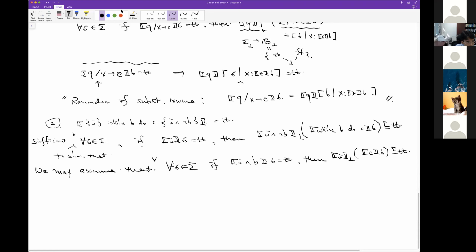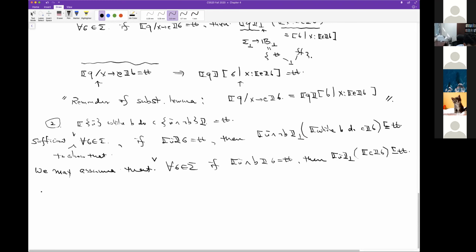Okay. To prove this, we just use the denotational semantics. But first we start with, for every state satisfying the invariant. So we start with this state satisfying the invariant.